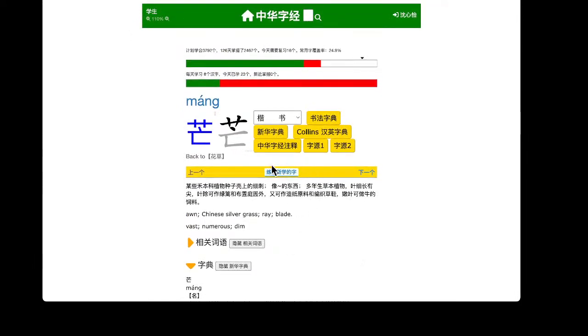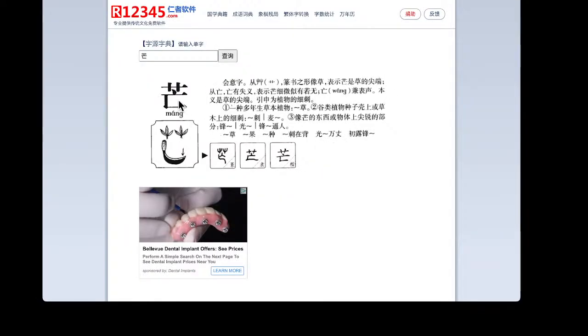It's called 芒, and it is also the character in 芒果, which is mango. Okay, mango is 芒果. Let's take a look at that. This one has the grass radical on top and the character 芒 on the bottom. Okay, 芒 represents sound.